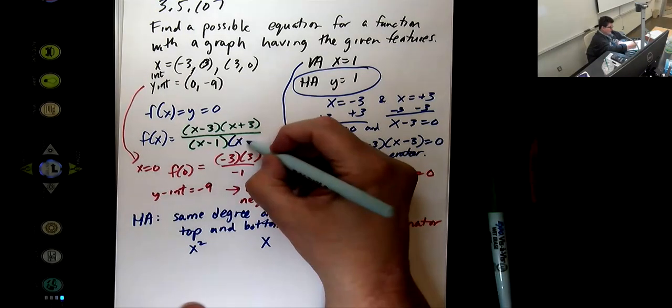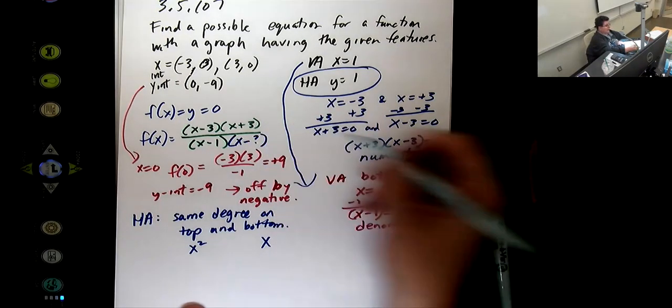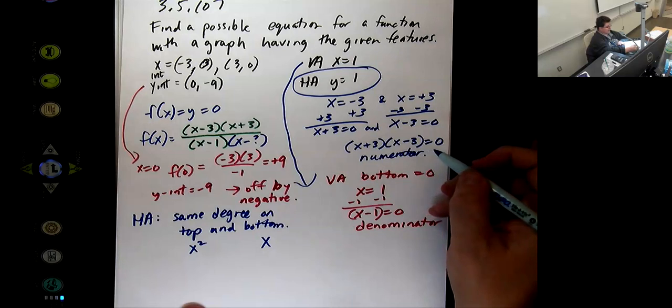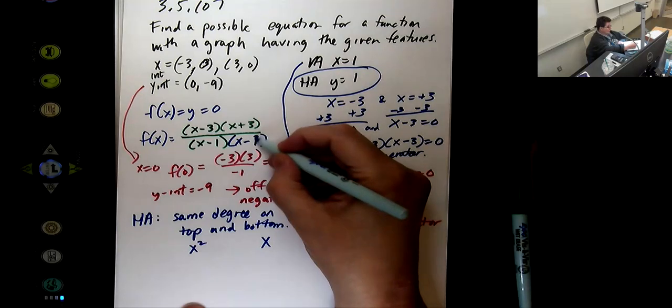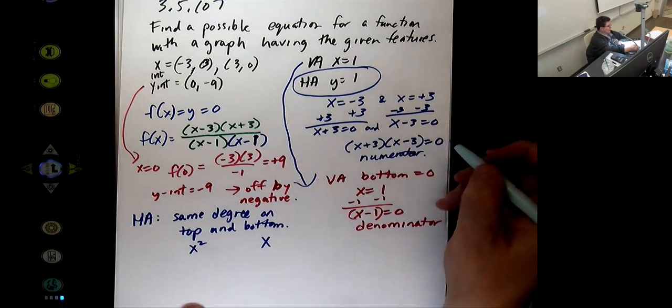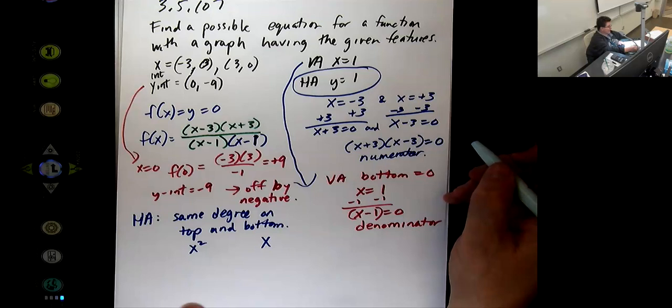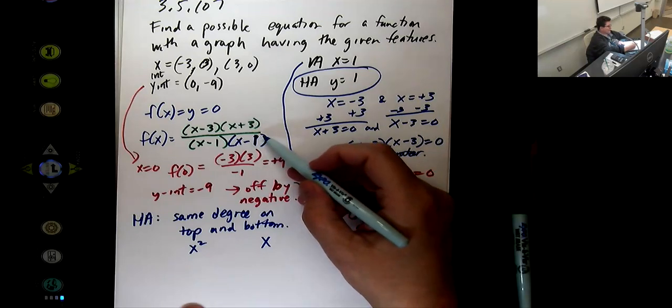So x minus what? Well, we only have one vertical asymptote, which means I can't have a different value down below. So maybe x minus 1 would work. That way I don't have an extra vertical asymptote that's unaccounted for. I still have the same vertical asymptote.